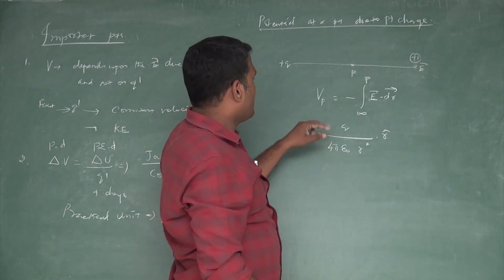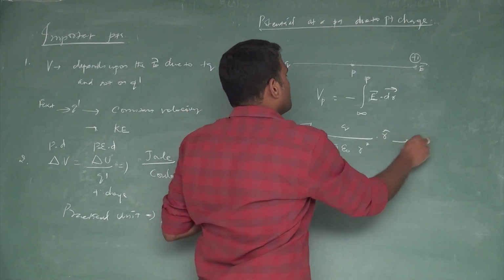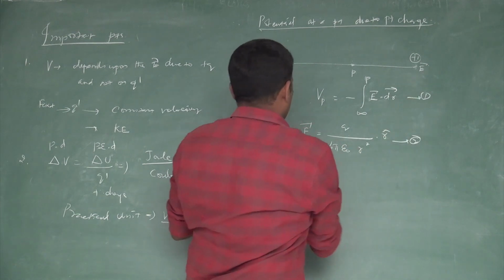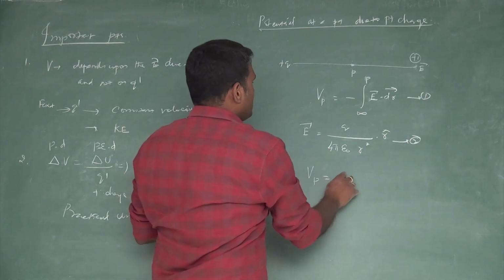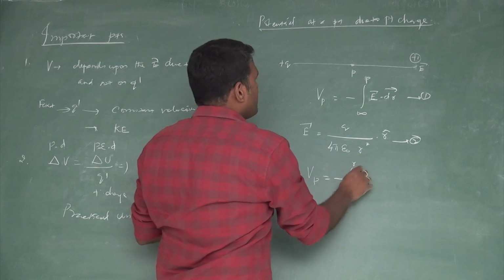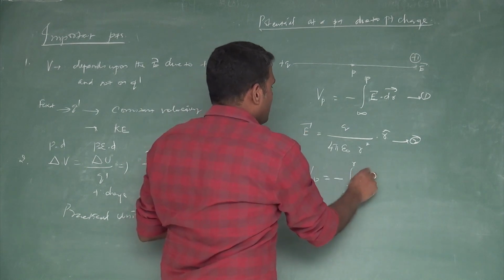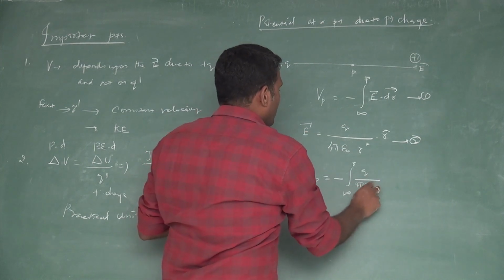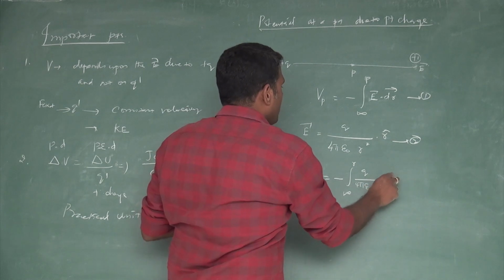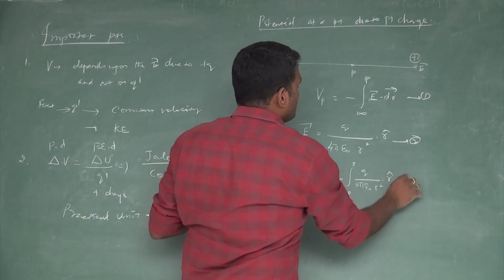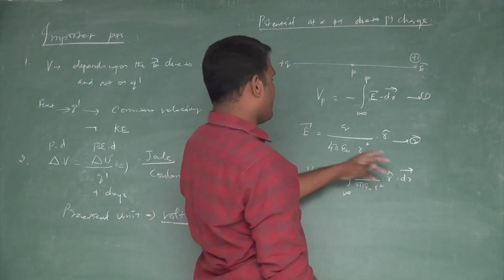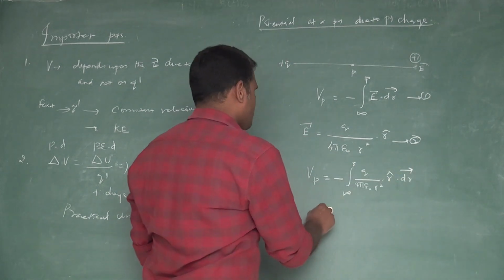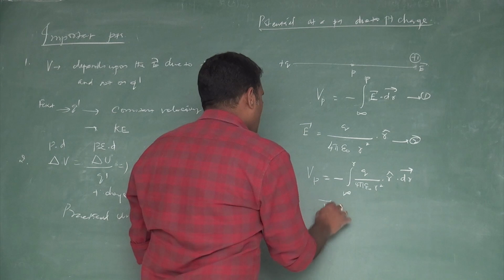If you substitute this expression 2 in expression 1, we will have Vp equals minus integral from infinity to r of E vector, which is q divided by 4 pi epsilon naught r square into r cap, into dr vector. Here we have to do some manipulations. What is this dr vector?